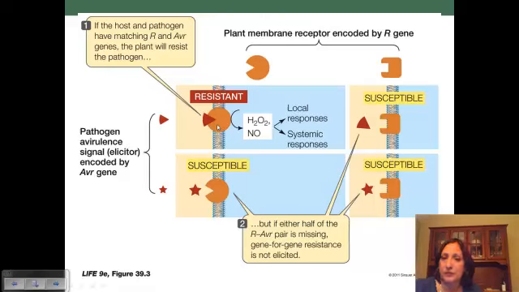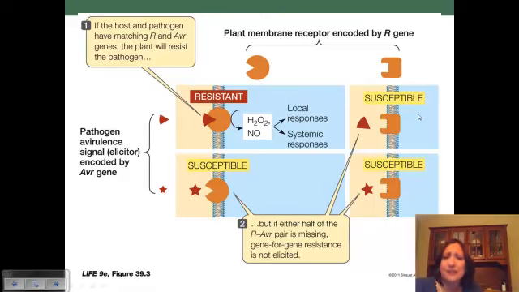They won't be susceptible to it. If, however, the plant doesn't make a cell membrane receptor, an R gene product, that's going to match the AVR gene, then it's susceptible to infection. So here we have the same AVR molecule but a different receptor, so this one would be susceptible to that.